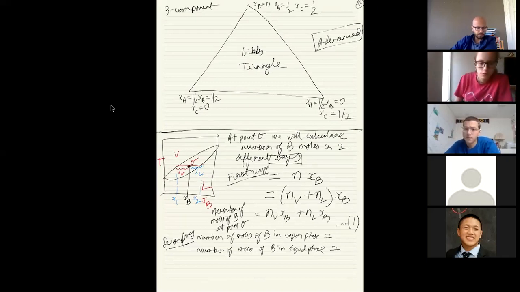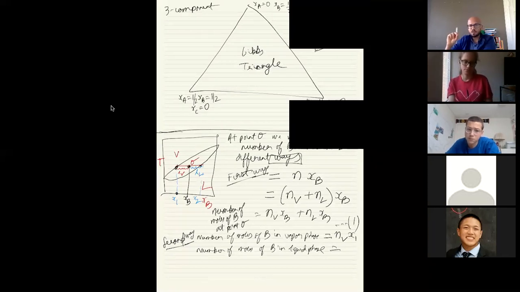So how do we get the number of moles of B in vapor phase? That is going to be the number of moles of vapor multiplied by this concentration, the mole fraction X1, because we do know one thing. This is the point which is subtle. The second way is more subtle than the first one, because here we are using our common tangent property.